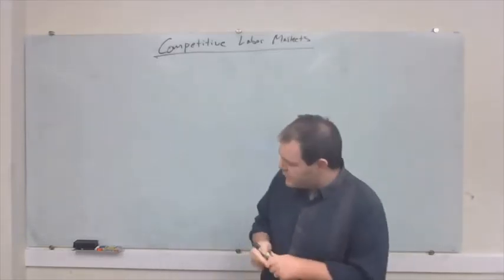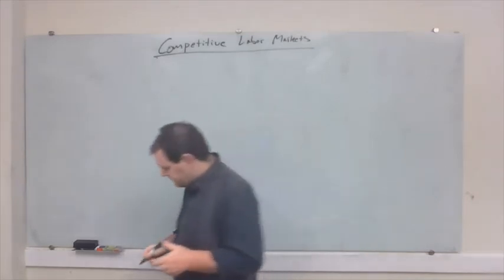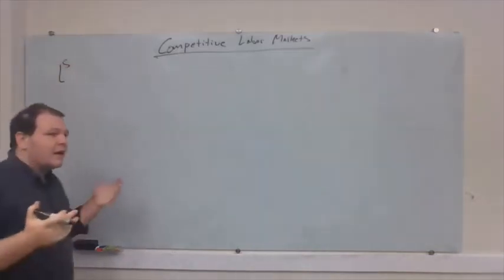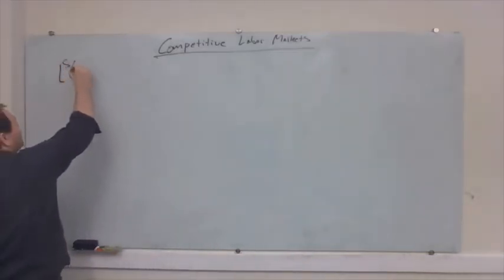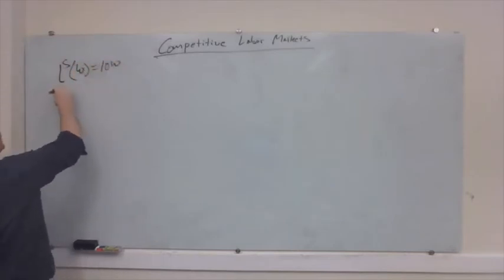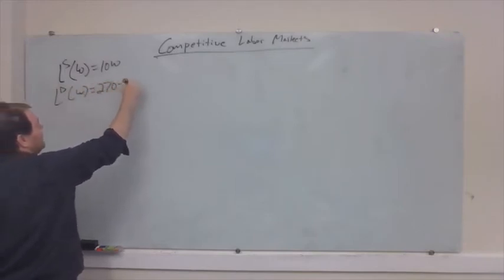Wonderful. So to do this, let's think about some really, really simple supply and demand curves. Let's say we're thinking about the market for restaurant workers in Highland Park. We'll say that we've got a labor supply equal to 10W, a labor demand equal to something like 270 minus 20W.